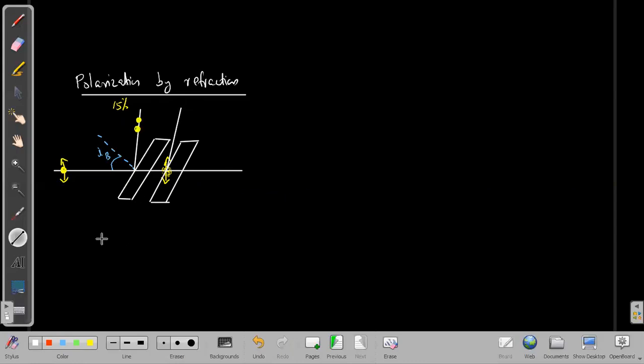Initially we have 85 percent transmission. Now 15 percent of that is removed. So what is 85 percent of 85 percent? You can take a calculator and calculate it.